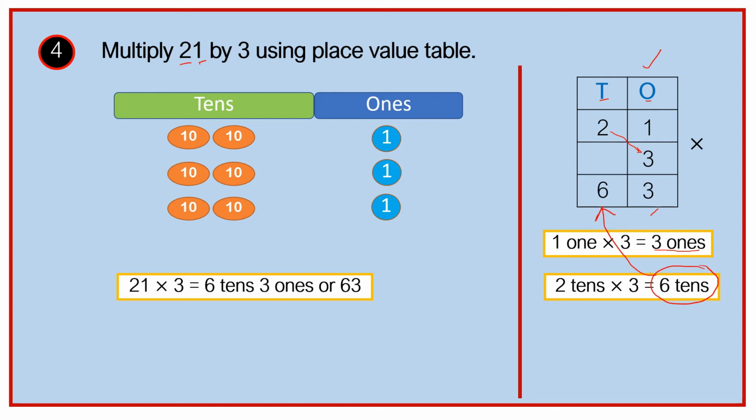So you can see that 21 times 3 equals 6 tens and 3 ones. Or we simply say that 21 times 3 equals 63. Okay?